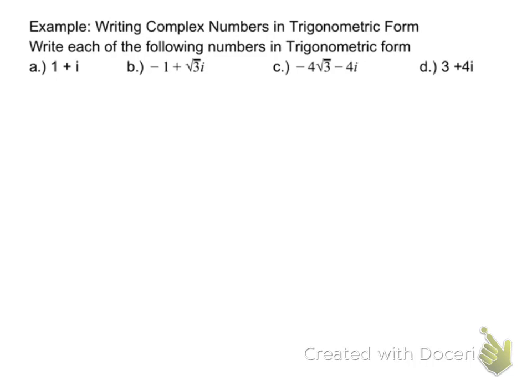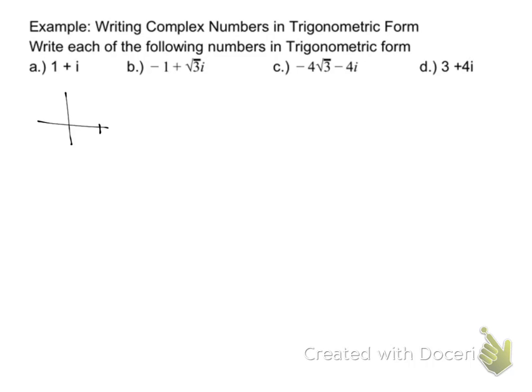I'm going to give you some work time without much information other than: graph it, find r, find theta, and then put it into the formula. Try that on your own first. Okay, the first thing I'm going to do is graph the problem.